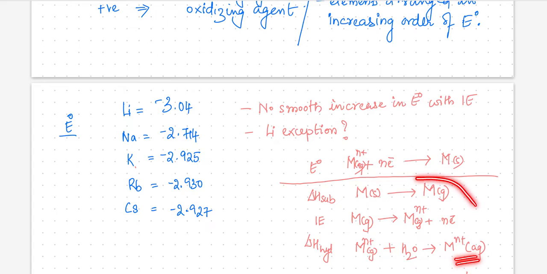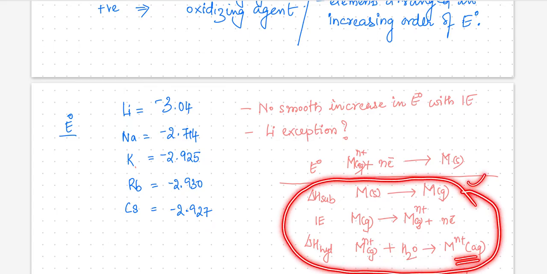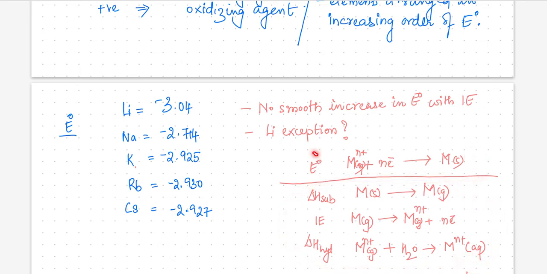So all these things you need to consider in order to get to this particular equation. That means the E naught value is dependent upon the sublimation energy, ionization energy as well as the hydration energy.